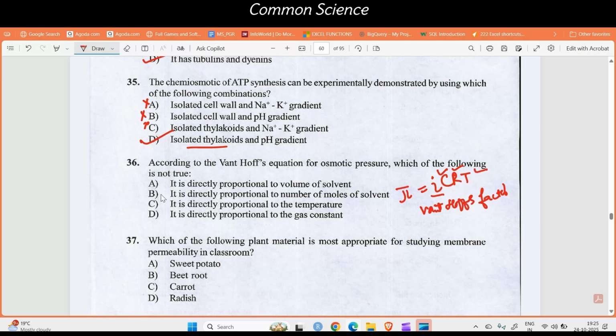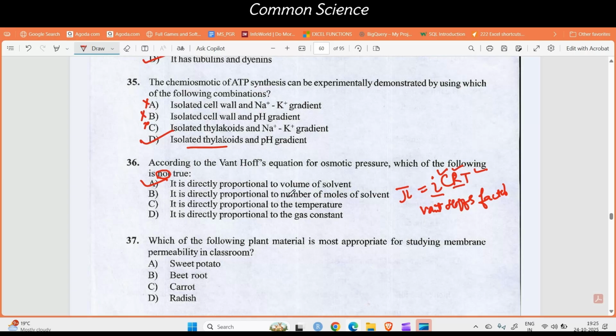So we have to remember that not is here. So it is directly proportional to the volume. There is no mention of volume, so this is the correct answer here. It is directly proportional to the number of moles of solute. Yes. It is directly proportional to the temperature. Yes, temperature is there. It is directly proportional to the gas constant. Yes, R is there.